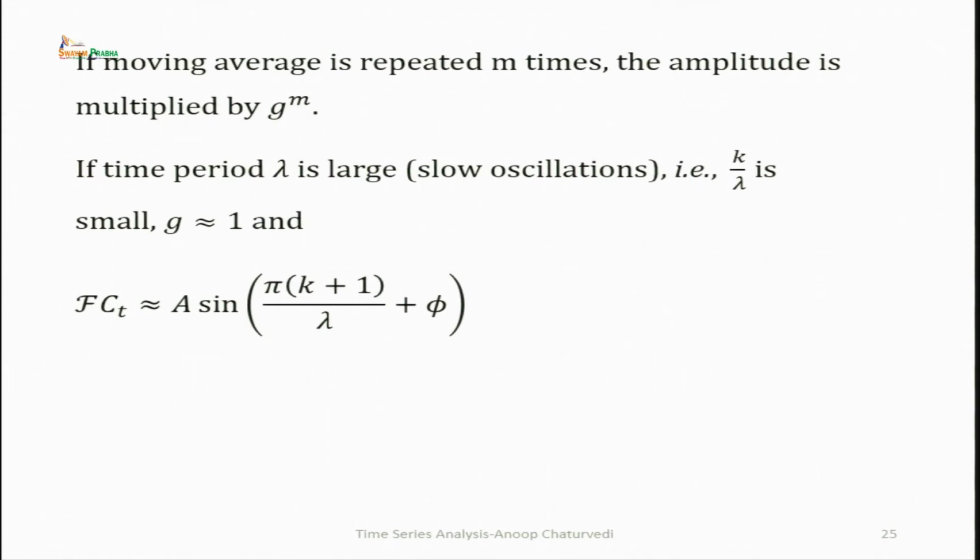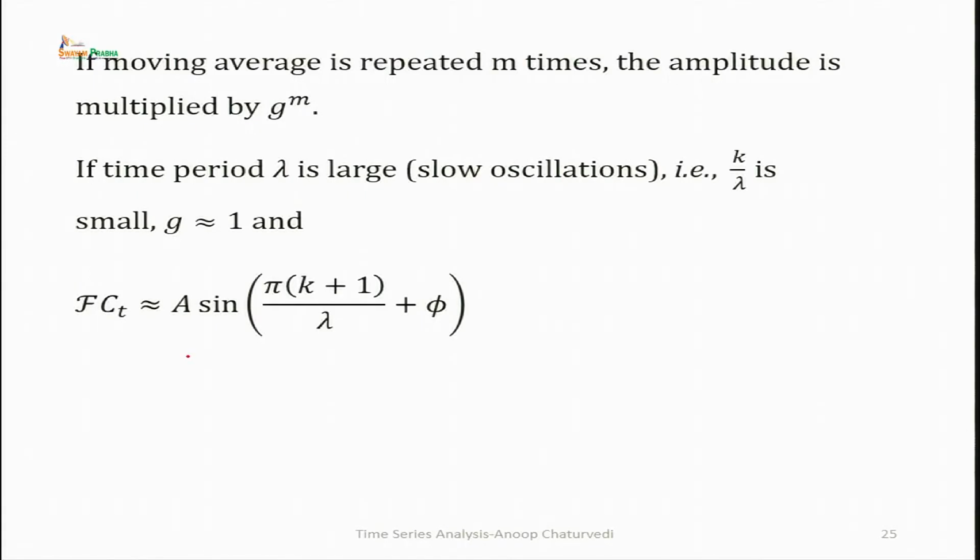If moving average is repeated say m times, then the amplitude is multiplied by g to the power m. Now, if time period lambda is large, that is your oscillations are very slow, that is k upon lambda is small, then in that case g is approximately equal to 1. So, in that case f c t is approximately equal to a sin pi k plus 1 upon lambda plus phi, amplitude has not changed.